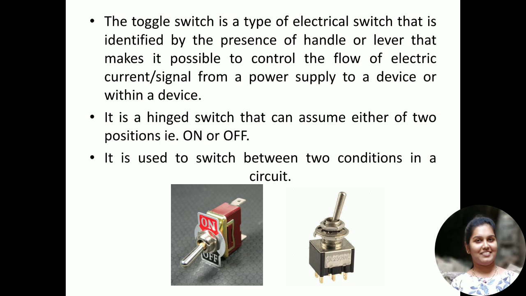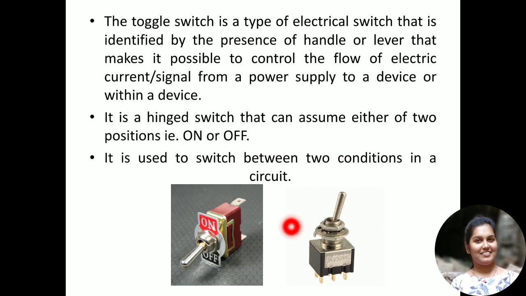Okay, so toggle switch, this is the most common type of switch which we see in every laboratory where we work, right from the basic electronics or electrical laboratories where we see trainer kits. We see either a single pole single throw kind of switch or a toggle switch.